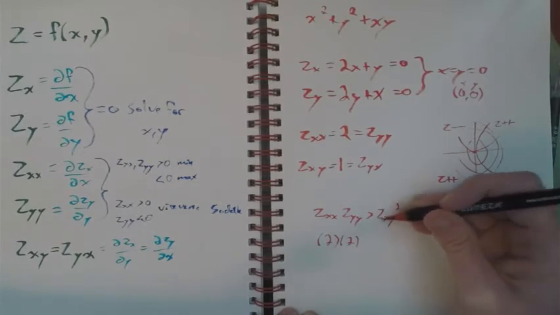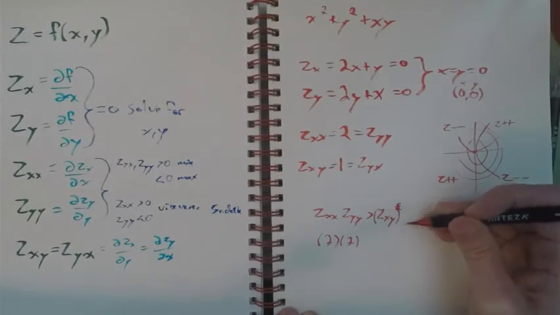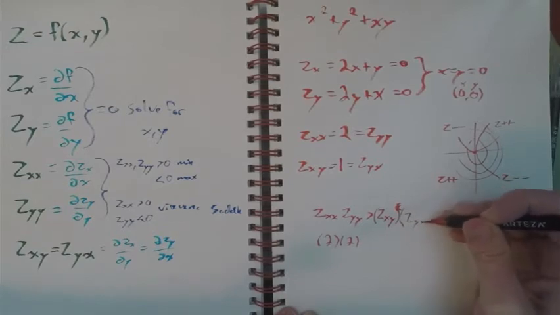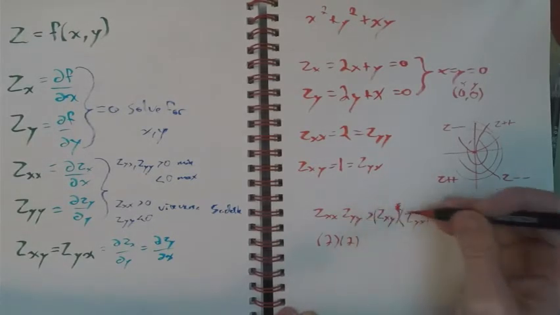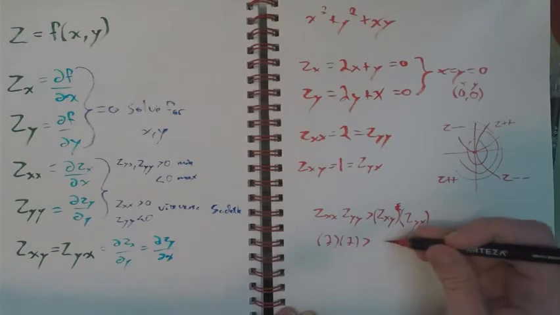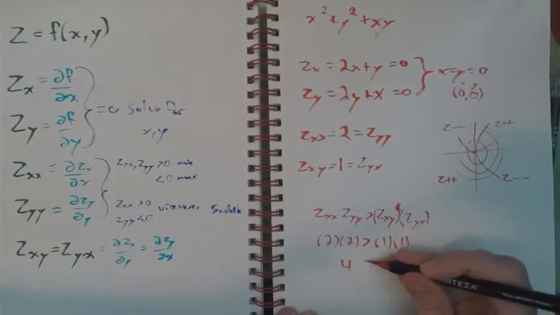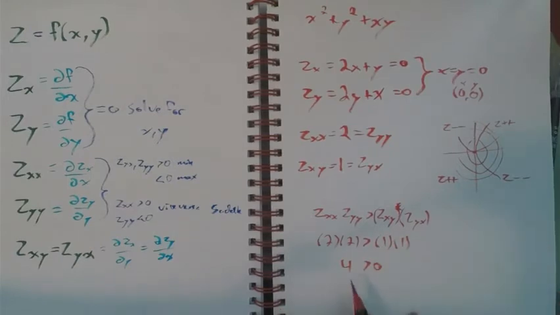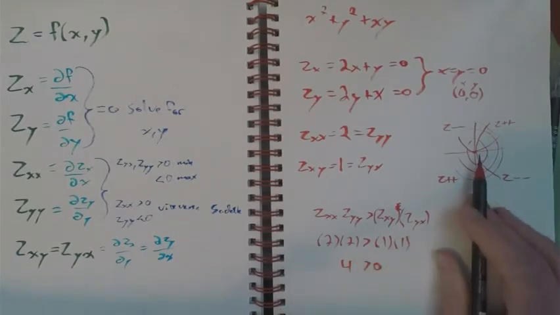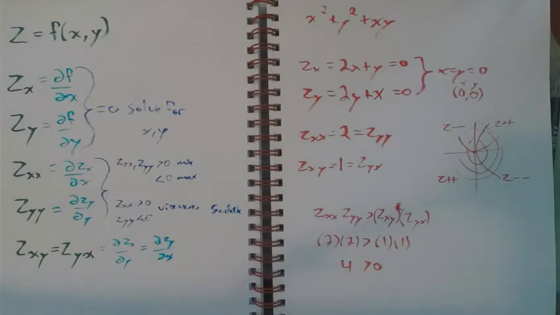Which I kind of think of as zxy times zyx, right? So we've got a product compared to another product, which in this case is 1 times 1. So here, very nicely, because we've met this condition, we can say that this critical point is in fact a minimum, right? We can certify it.